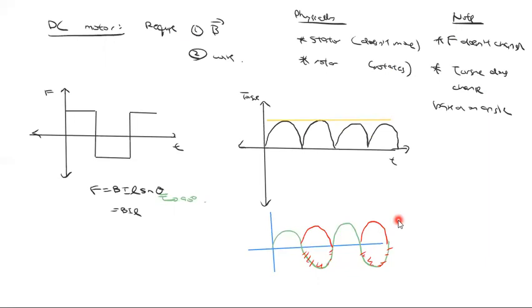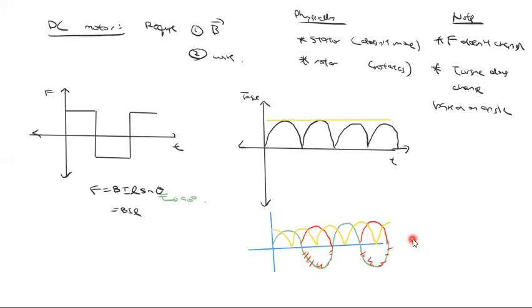And that's a situation where the maximum for this one is the minimum of that one, and that repeats forever. So that's like having the two at 90 degree angles.